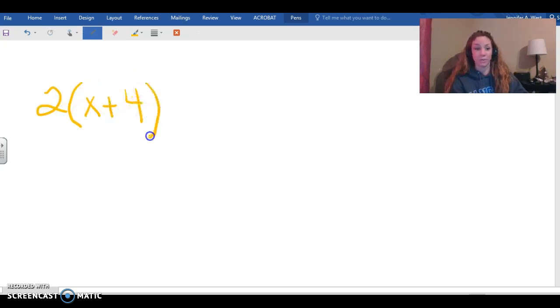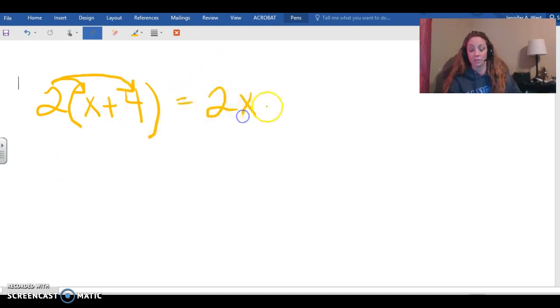All right, so all you have to do is multiply the x by 2 and the 4 by 2. So you wind up with 2x plus 8, because 2 times x is 2x and 2 times 4 equals 8.